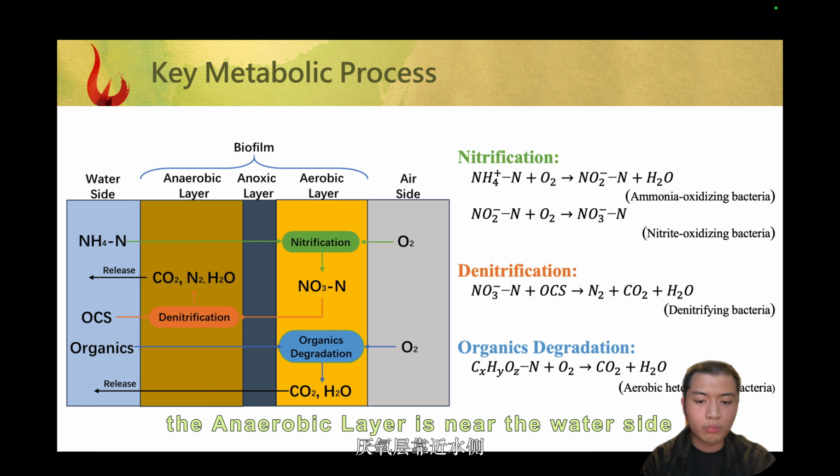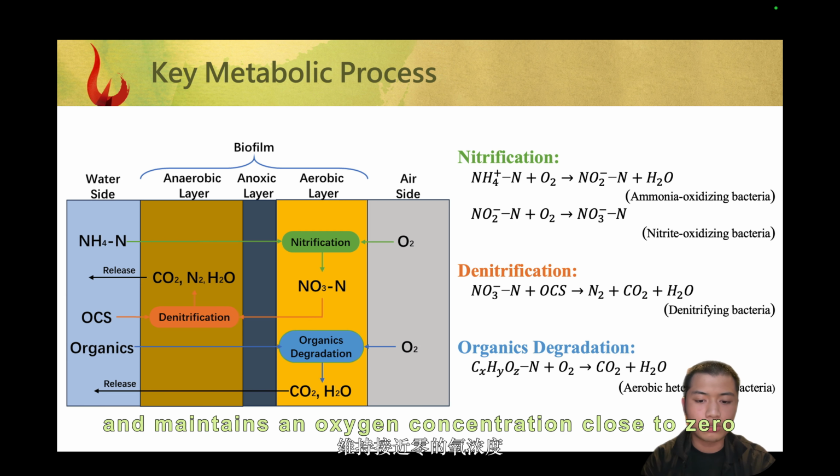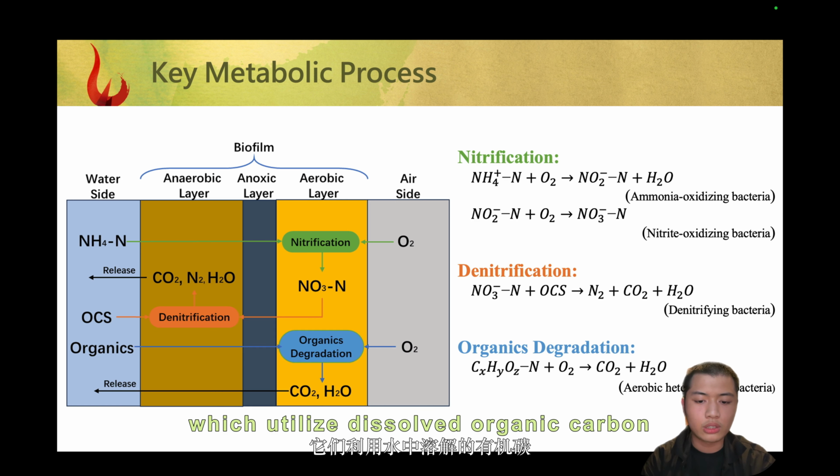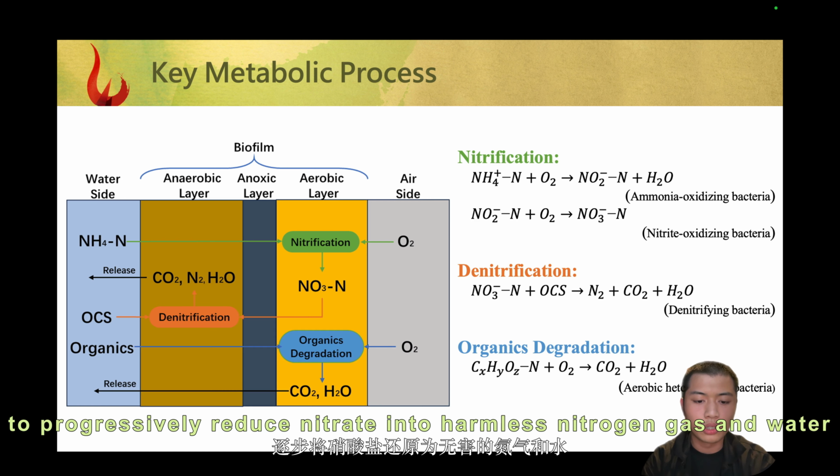The anaerobic layer is near the water side and maintains an oxygen concentration close to zero. This layer primarily harbors denitrifying bacteria, which utilize dissolved organic carbon sources in the water to progressively reduce nitrate into harmless nitrogen gas and water.